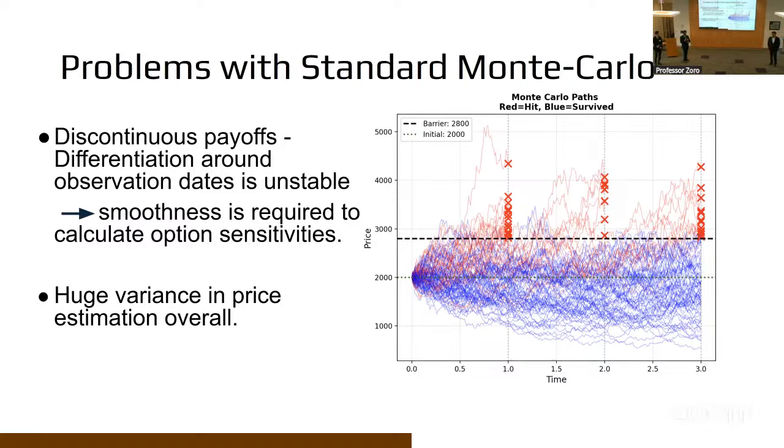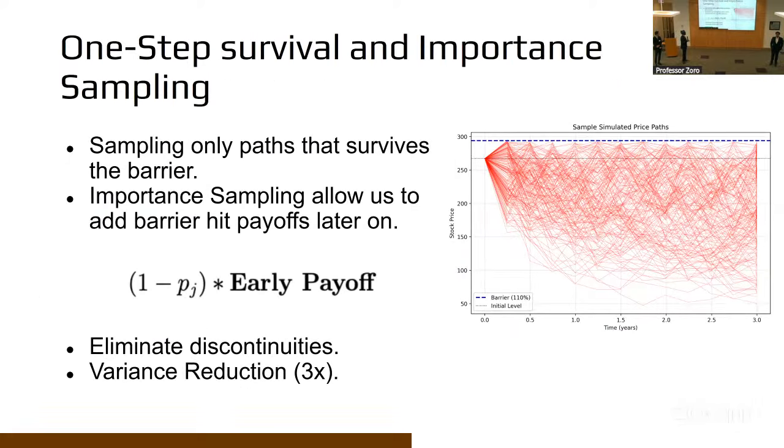Another thing is, again around this observation date, small differences can lead to huge changes in your price estimation, as Edgar had talked about. So these are the two problems with the standard Monte Carlo approach. So what's the solution? What we can do is we can use this GHK importance sampling.